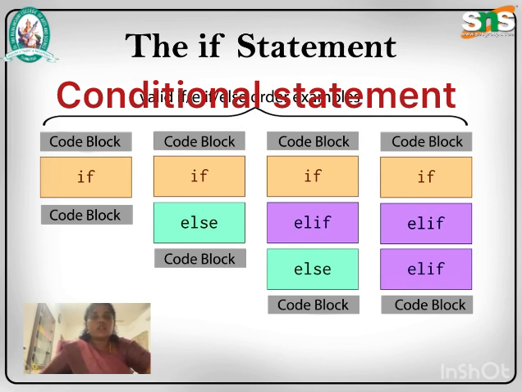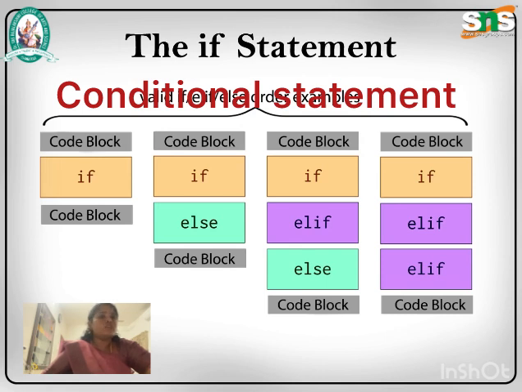Next we are going to discuss the if else statement, and how it works. The if else statement is used to execute a block of code when the condition is true, and another block when the condition is false. So it contains both true and false statements. When to execute the true statement and when to execute the false statement, that is the concept of the if else statement.